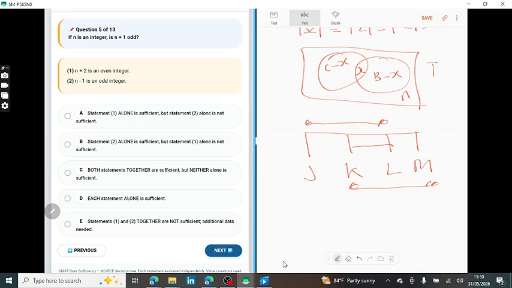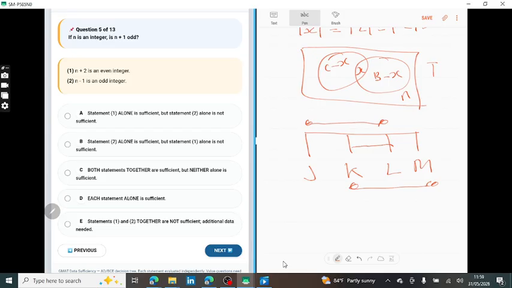If n is an integer, is n plus 1 odd? Remember, even integers are 0, 2, 4, 6, 8, 10, and odd integers are minus 1, 3, 5, 7, and continue like that. Statement 1, n plus 2 is an even integer.